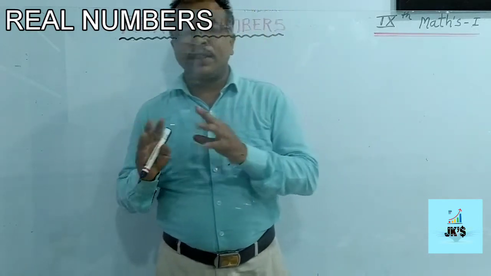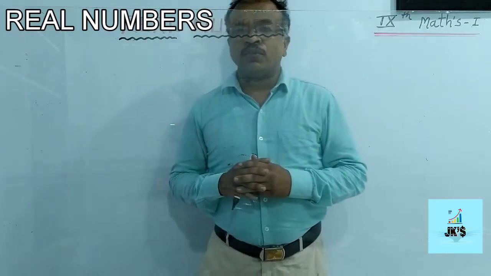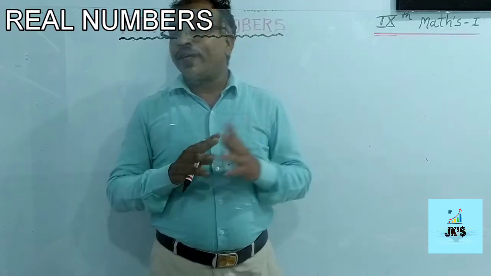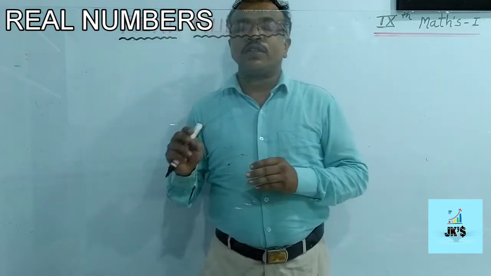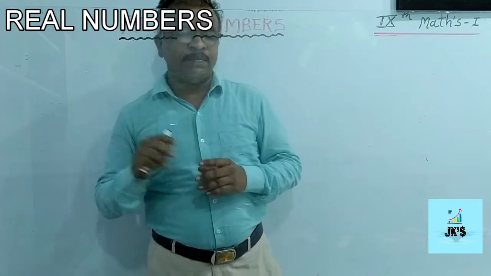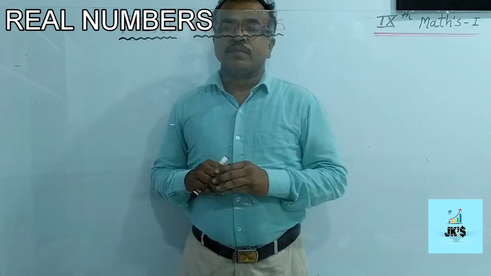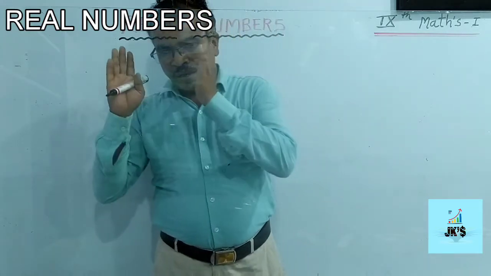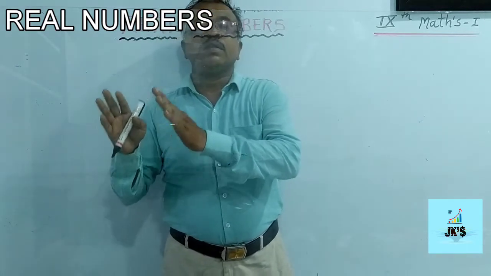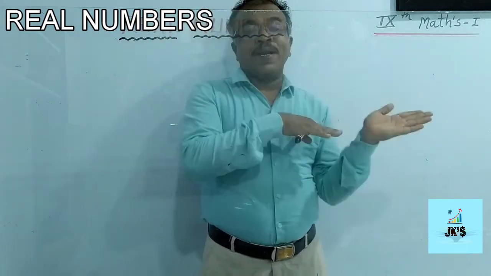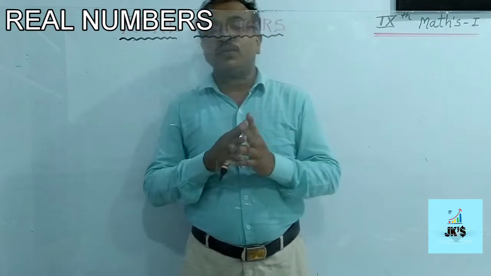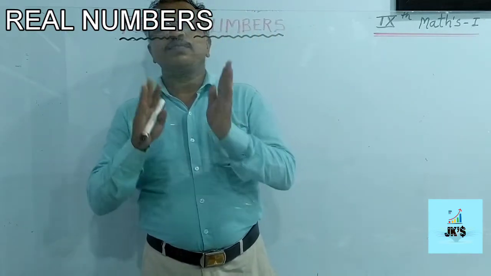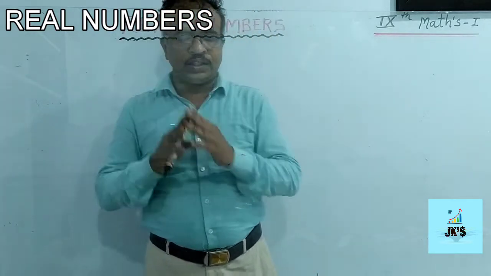That answer is minus 4. So this is also inadequate. Then the concept of integers got developed, that is natural numbers, the opposite of natural numbers, and 0, that is the integers.